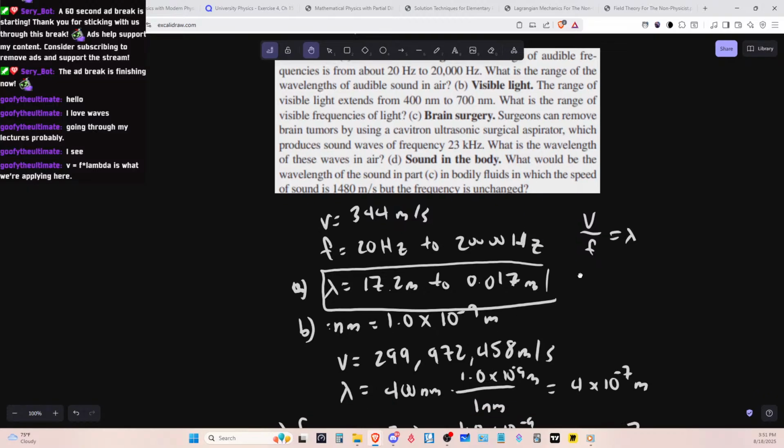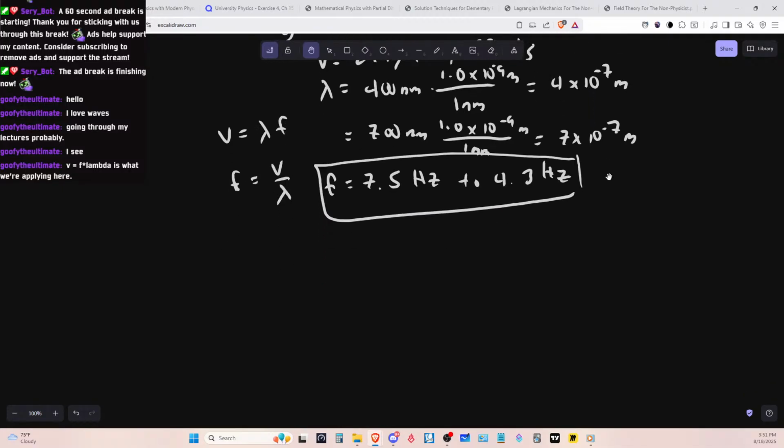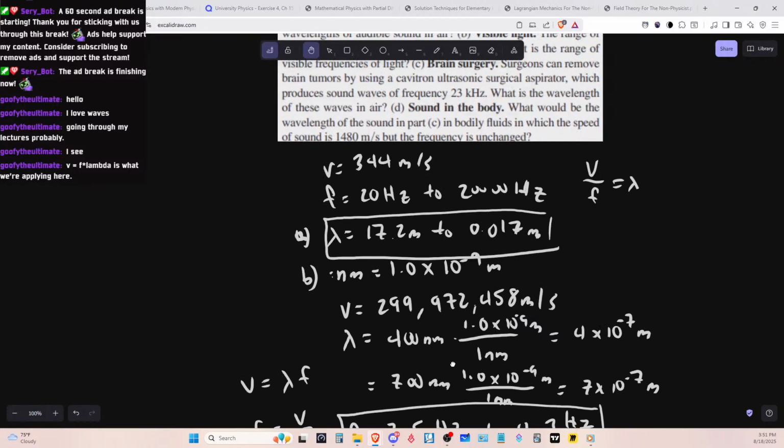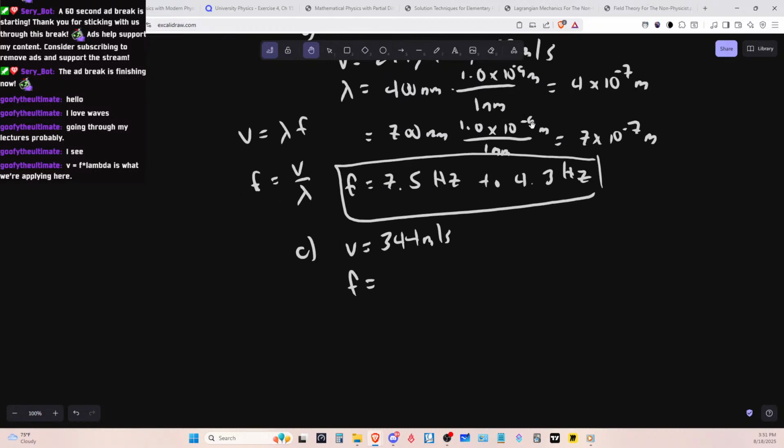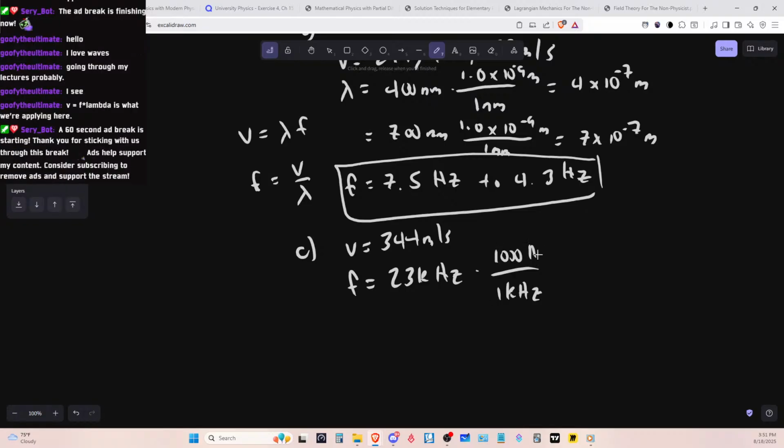Okay, so I guess we're doing the speed of sound with the frequency. Okay, so the speed of sound is 3 meters, and we're doing the frequency, which is how much? 23 gigahertz. So 1 gigahertz is 1,000 hertz, which means we're going to be left with 23,000 hertz.